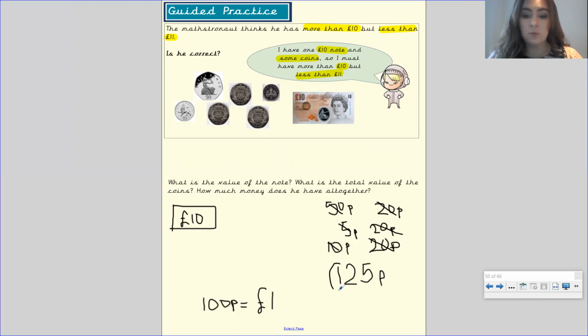We're going to take this 100 pence from here and put it into our pounds, because 100 pence is the same as £1. So now we've got £11 and how many pence? Pause the video to add them together. Great work. We've got £11 and 25 pence.